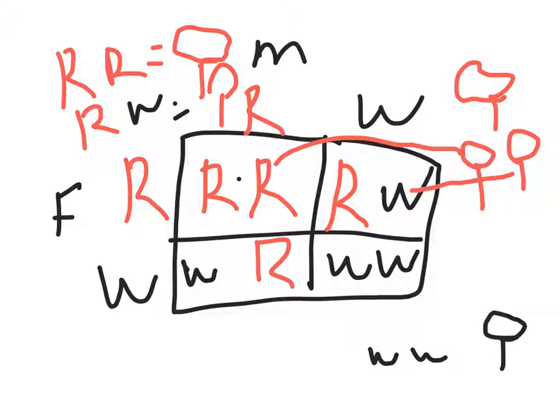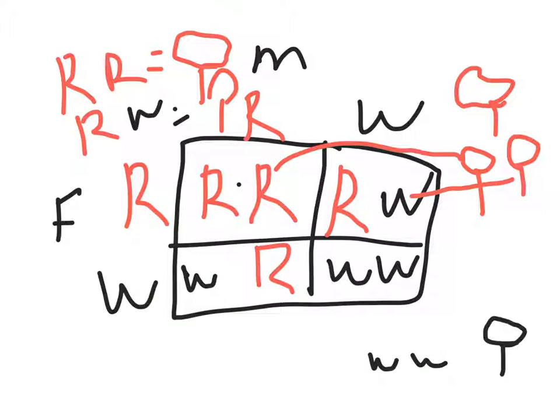Here we have WR. It doesn't really matter. In this case the dad gave the W and the mom gave the R, instead of the dad giving the R and the mom giving the W. And so again we end up with a red.